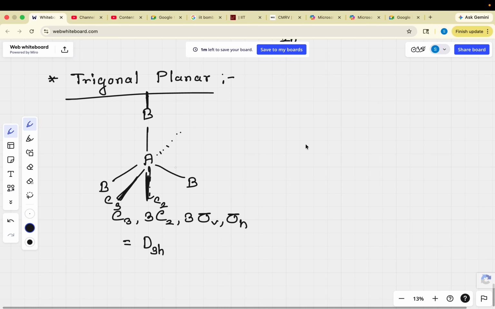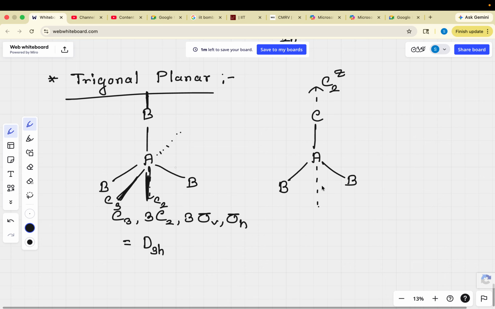But suppose here you have a different atom, C, and here two atoms B. Then C3 is not your principal axis of symmetry. It will be C2Z, along the Z direction, the principal axis of symmetry.